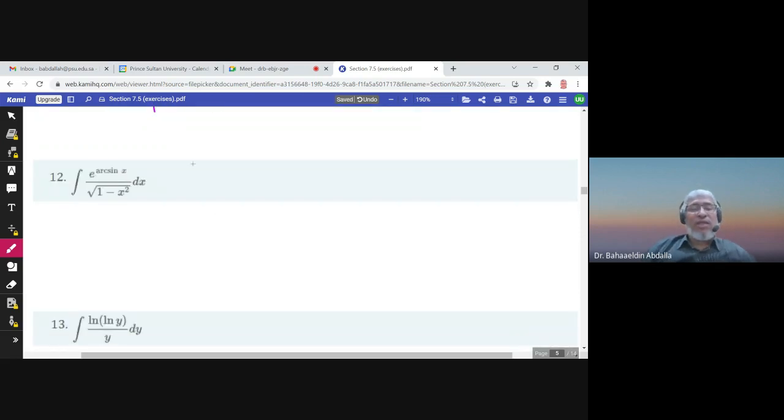Well, here I can take u as sine inverse x, and then du would be 1 over square root of 1 minus x squared dx, and the integral would be the integral of e to the power u du, and you continue easily.